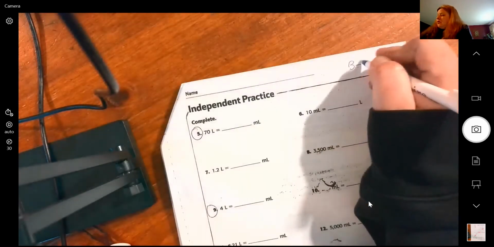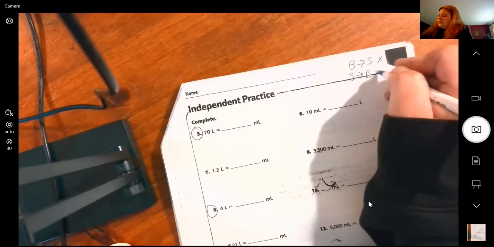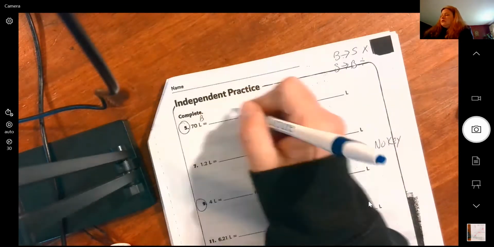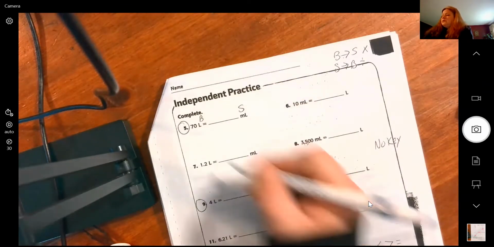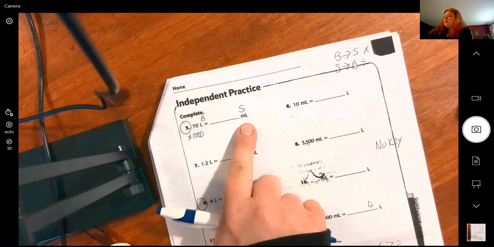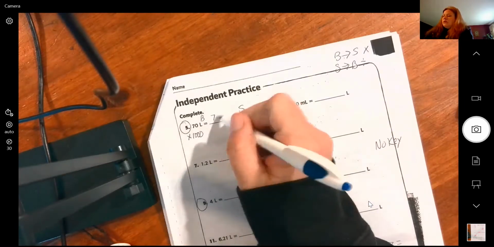Big to small, multiply, small to big, divide. Liters to milliliters, big to small, which means I need to multiply. I'm going liters to milliliters, so it's by 1,000. 1, 2, 3, 4 zeros.